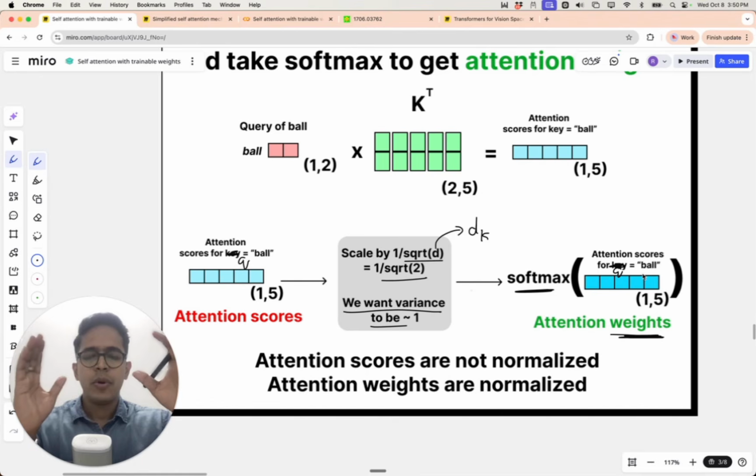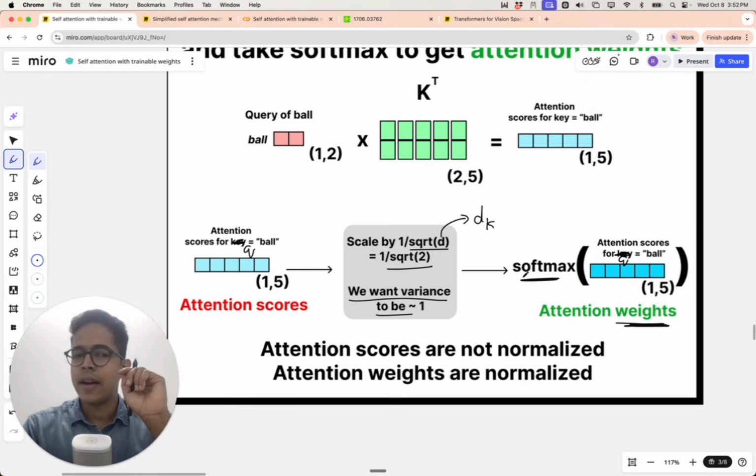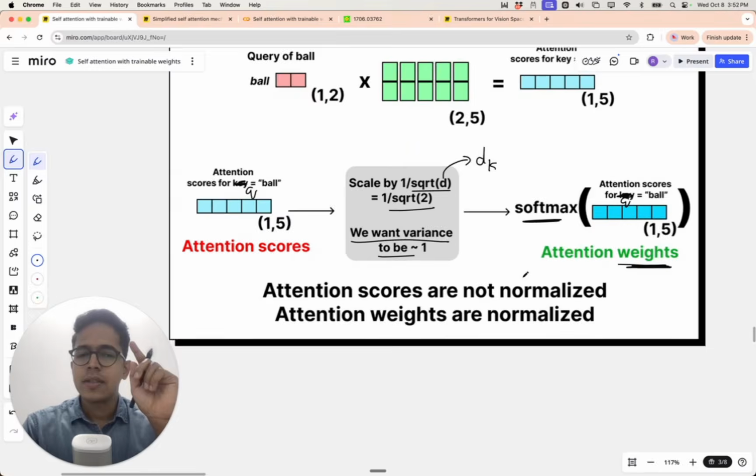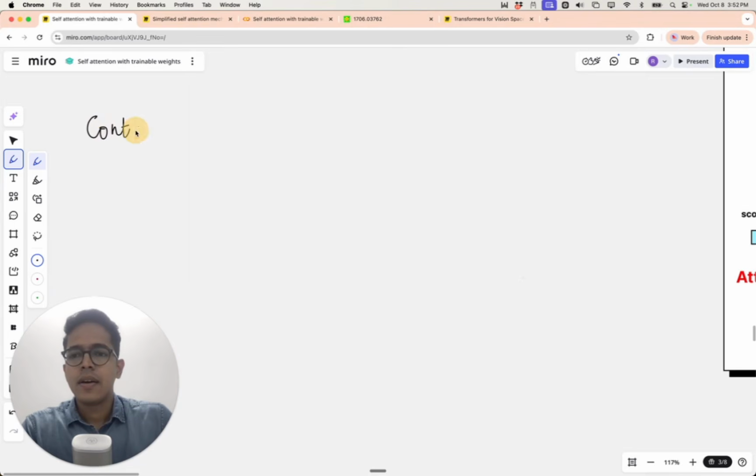Now it's a good time to take a look at what is value. In the simplified self-attention we implemented in the previous lecture, do you remember what we had done? What we had done was, we said the context vector equal to the attention weighted sum of the input vectors.